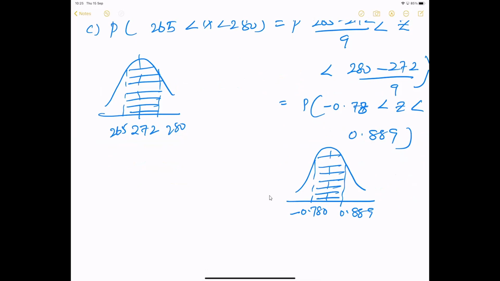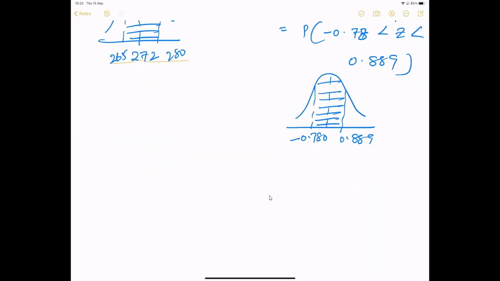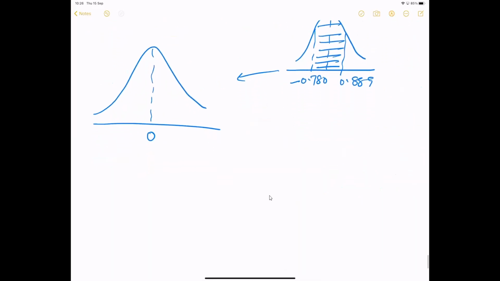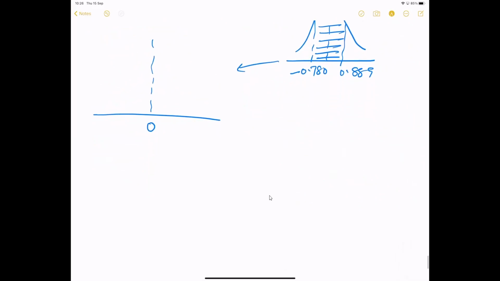As I mentioned earlier, just consider this graph. 0, this one minus 0.78, this one should be 0.89.